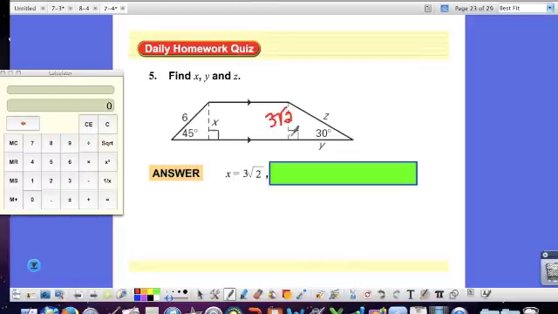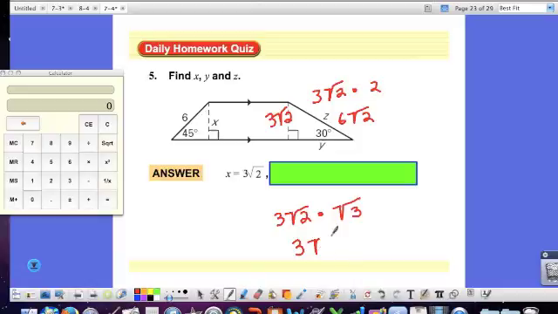That's the side across from the 30. So to get Z, that's 3 radical 2 times 2. So Z is 6 radical 2. And to get the 60, I'm going to take 3 radical 2 times radical 3, which is going to give me 3 radical 6.